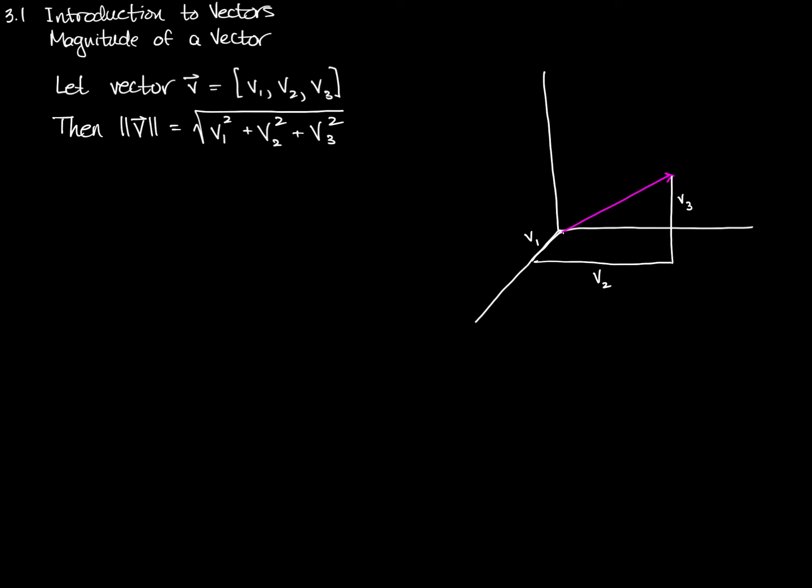I'll first figure out what the length of this line segment is, because that line segment is the hypotenuse of this triangle that's kind of on the floor here. And once I know that, I'll be able to take a look at this triangle that's kind of floating in space, and that's also a right triangle.